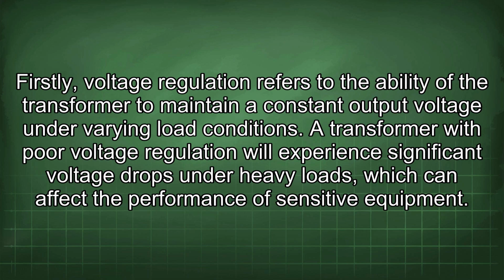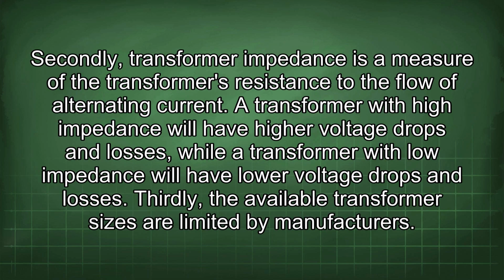A transformer with poor voltage regulation will experience significant voltage drops under heavy loads, which can affect the performance of sensitive equipment. Secondly, transformer impedance is a measure of the transformer's resistance to the flow of alternating current. A transformer with high impedance will have higher voltage drops and losses, while a transformer with low impedance will have lower voltage drops and losses.